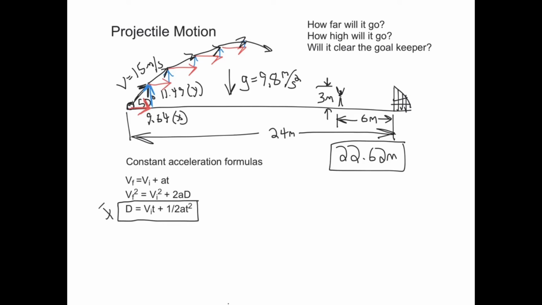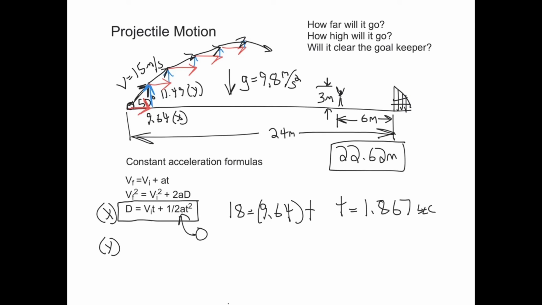To find out, we're once again going to use the displacement formula. We're going to take advantage of the fact that it's the same time for both the x direction and the y direction. We're going to find time in the x direction because we know the displacement in the x direction. It's 18 meters, the 24 minus the 6 meters. And just using the 9.64 initial velocity and an acceleration of 0 in the x direction, the time in the x direction is 1.867 seconds.